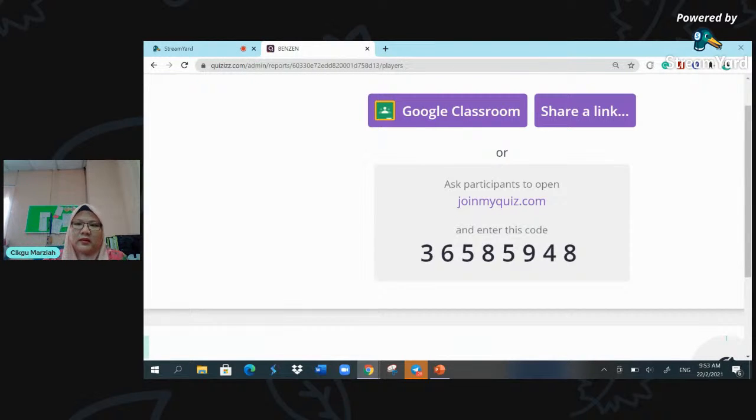Boleh pergi kepada quizzes, masukkan kod ini. Okay, tulis nama ni supaya saya boleh detect attendance. Okay, so entah saya tak ingat AM ke PM. 11 AM kot. Jawab je lah, penting attendance.